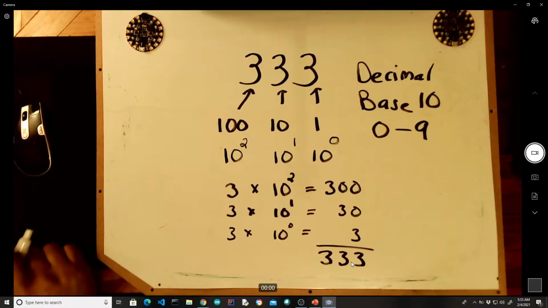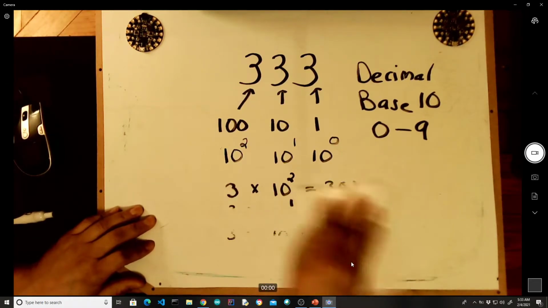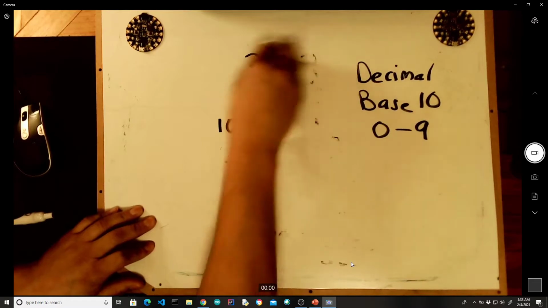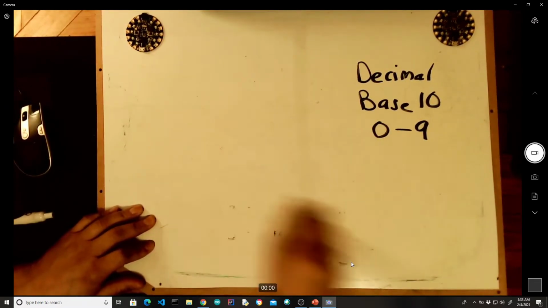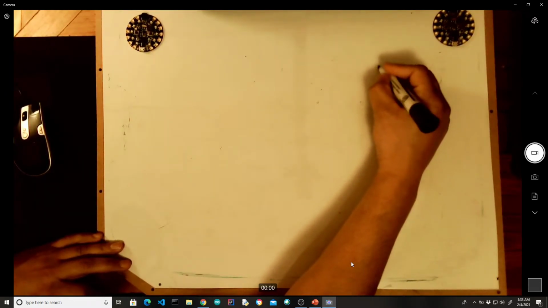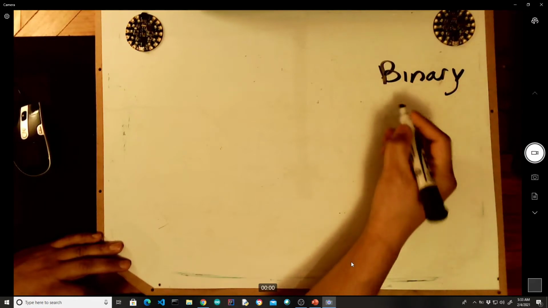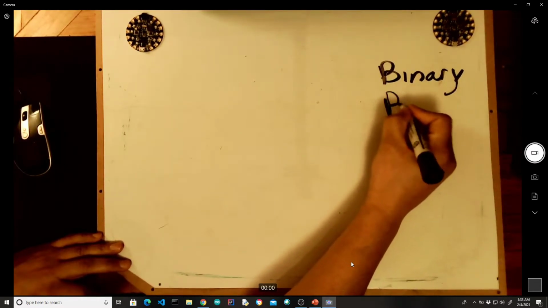All right, so let's talk about the binary number system. So how does the binary number system work? We're going to start with the word binary. The word bi means 2. So binary is a base 2 number system.